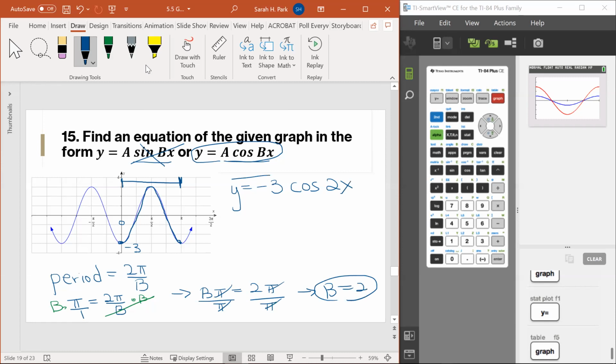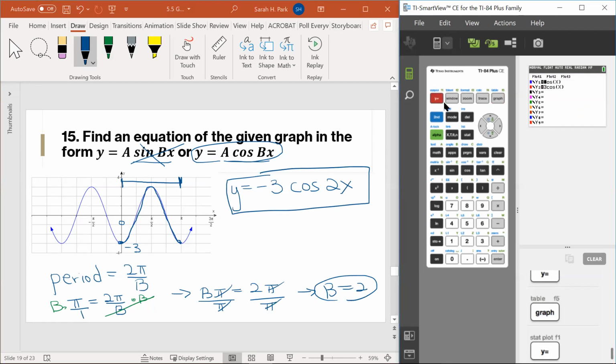If you're not sure, it's a good idea to graph it. So I'm going to go ahead and graph -3 cosine of 2x to see if that's what I get. Hopefully I get the same graph back. Before I do that, I'm going to go to x minimum and go to 0.